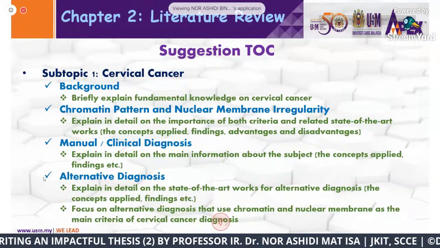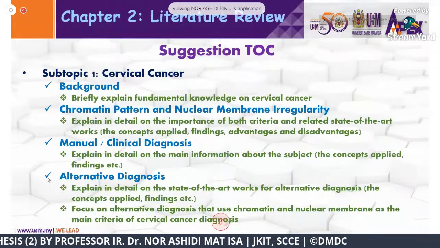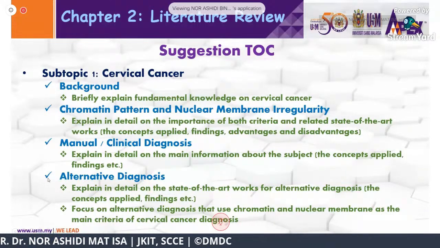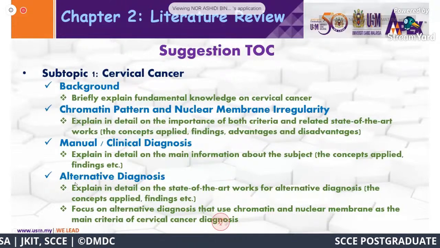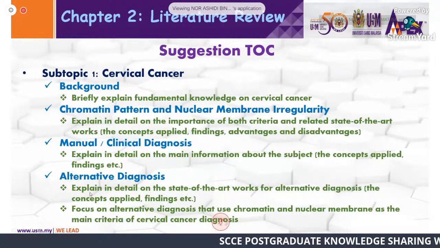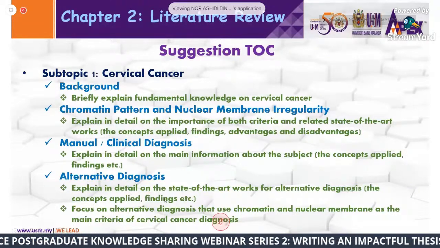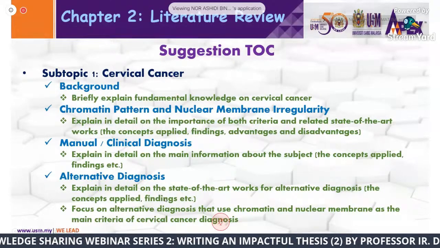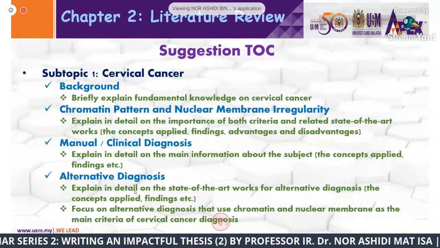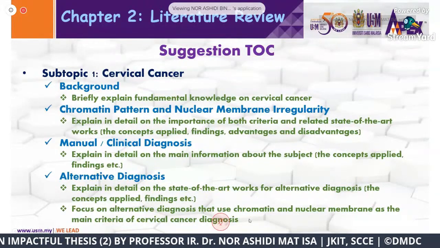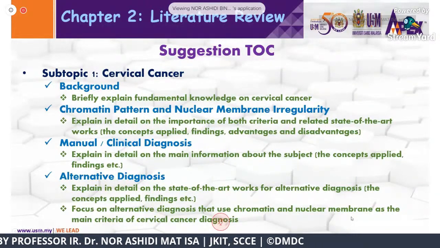So in the review, present and tell the readers what the existing alternative diagnosis actually is. Okay, so in detail, what are the concepts used by them? What are their findings? And then, is there any diagnosis system that focuses on chromatic and nuclear membrane?